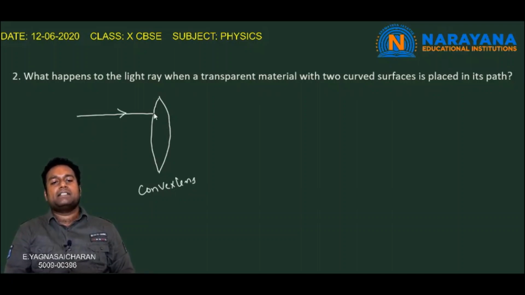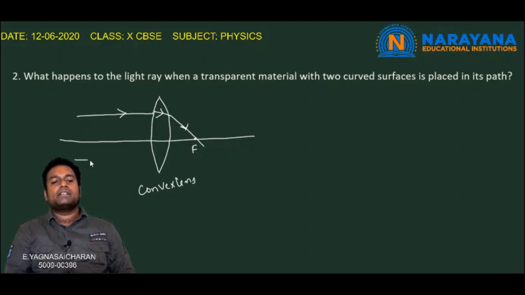At the first interface, refraction takes place and the light bends. At the second interface, refraction takes place again. The light rays bend towards the principal axis and intersect it at a point known as focus.